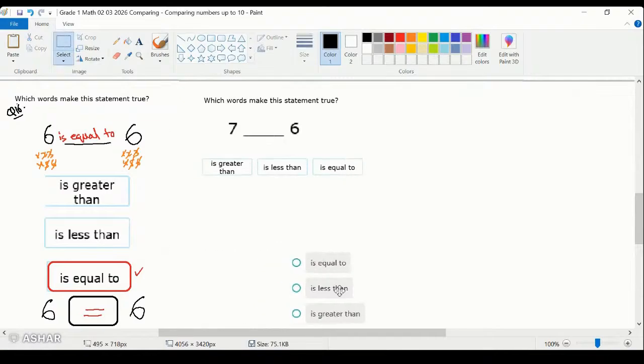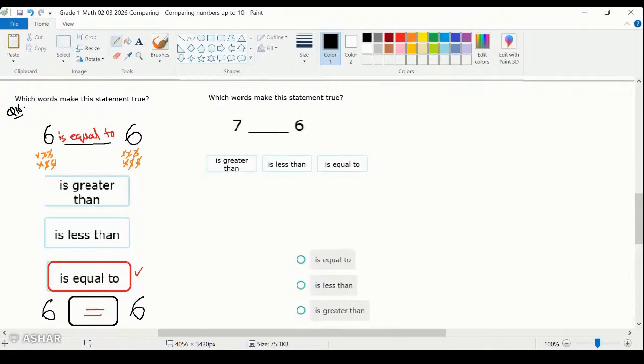Which word makes the statement true? This is question number 1 from the test. Is 7 greater than 6 or is 6 less than 7? Can you give me the answer in this form?